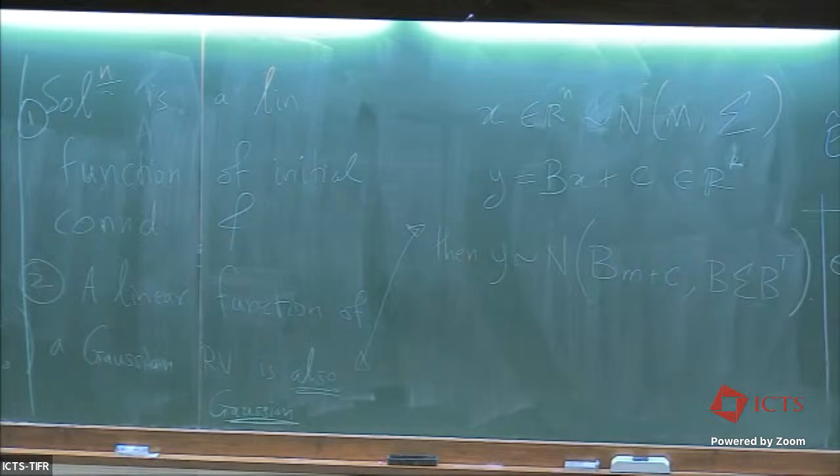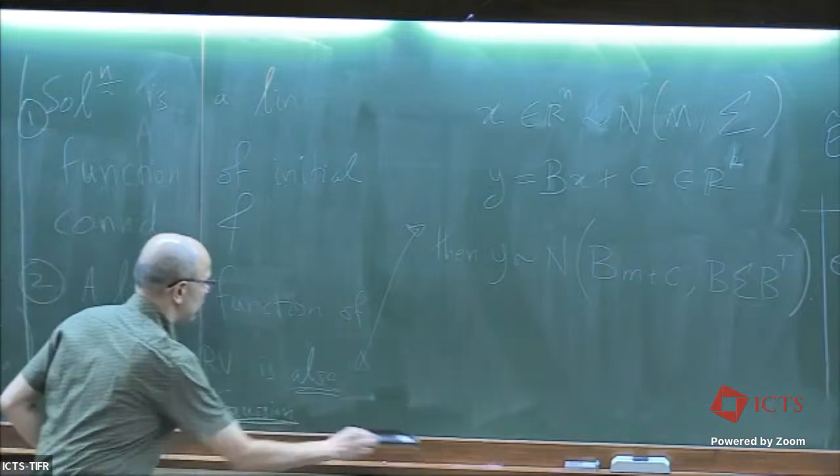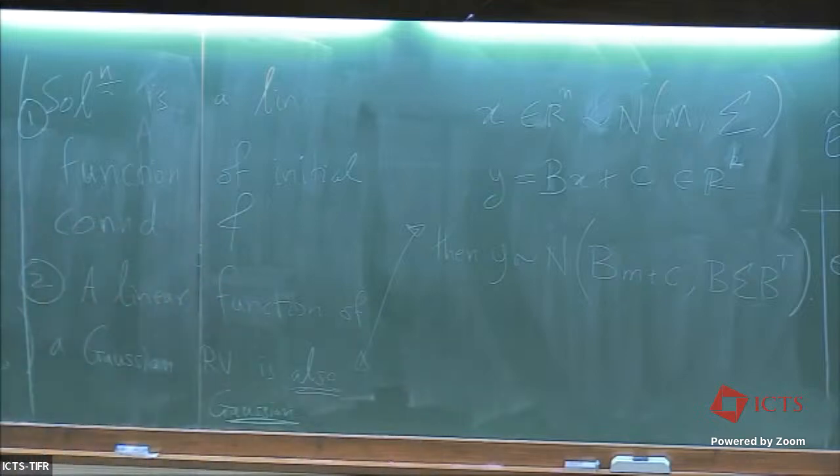Yeah? So now we can combine these two facts. The solutions of a differential equation are linear functions of the initial condition. If I give you the initial condition to be a Gaussian random variable, then because of this second fact, the solution at a time t is a random variable, which is also going to be Gaussian with some mean.